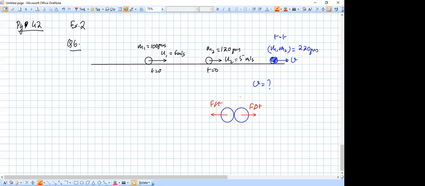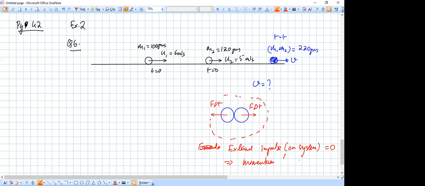So the external impulse on the system is zero, in any collision, as we had discussed. So the external impulse on the system is equal to 0. Therefore, momentum should be conserved for the system.